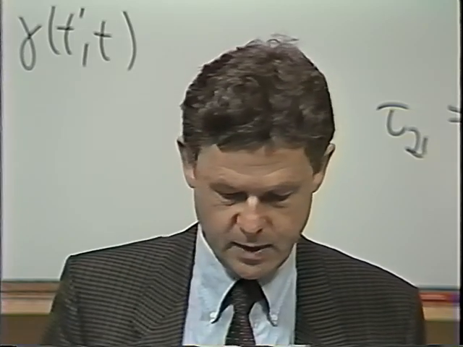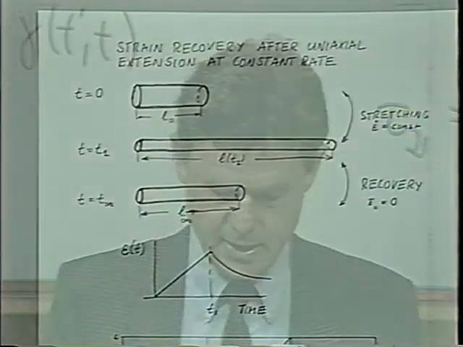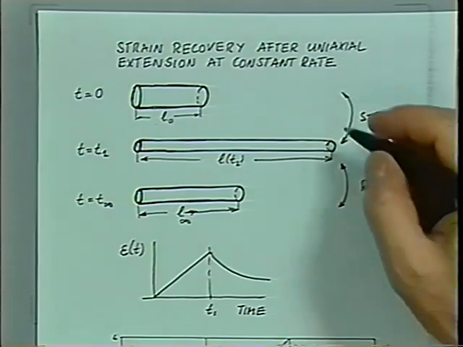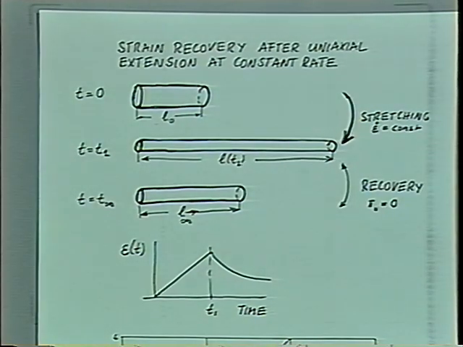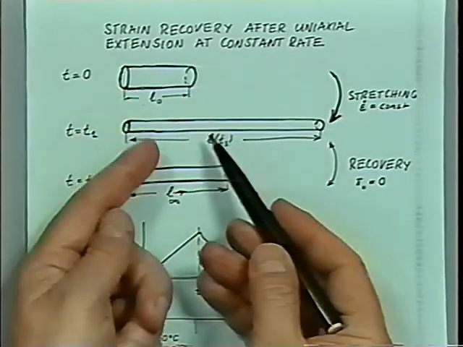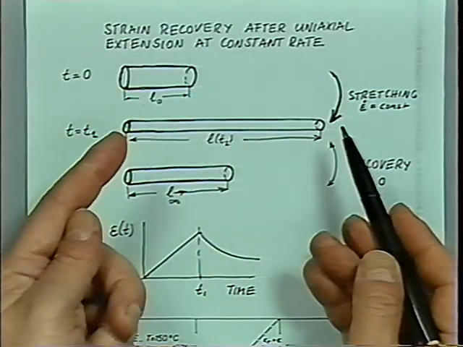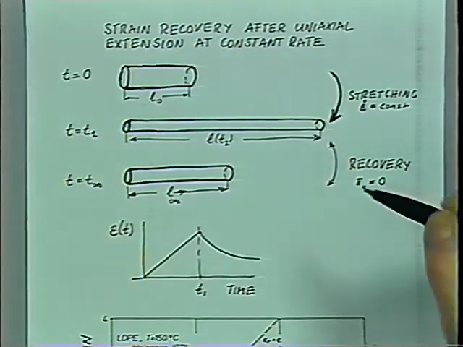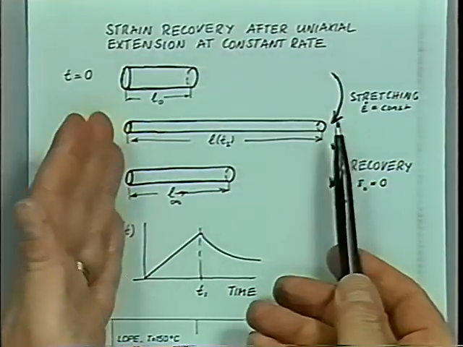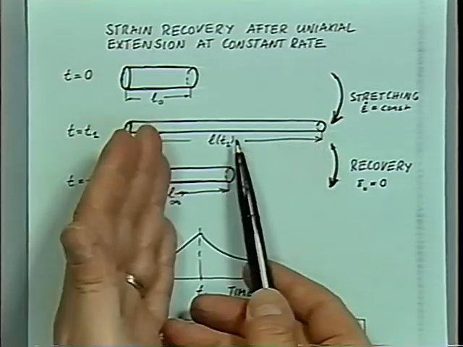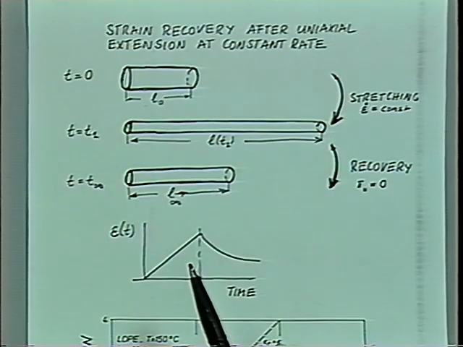There was a data set on such a recovery experiment. A strain has been imposed on a little piece of rod, from here to here. It had been strained, so this little fiber had been extended, and the flow had been stopped at that time. And from here on over here, the stress has been taken off, and the fiber has been allowed to shrink, has been allowed to recover.